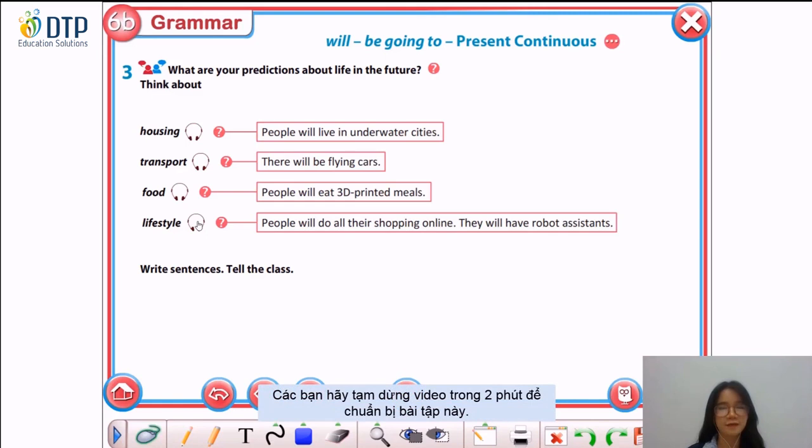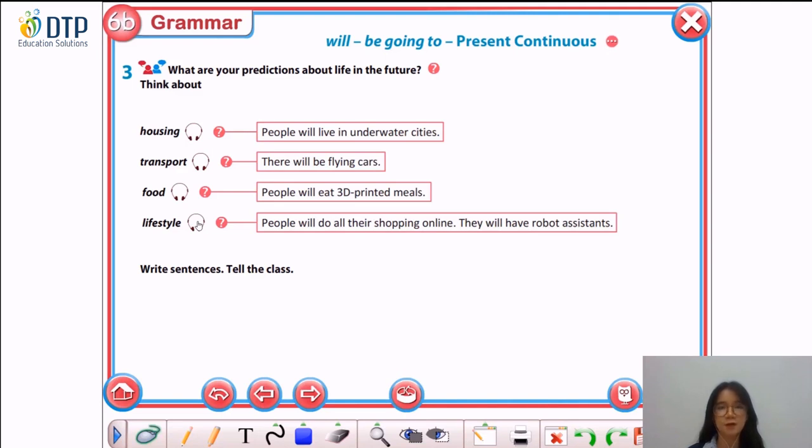You can pause the video here and spend 2 minutes preparing ideas. Your 2 minutes start now. Time's up, everyone. Are you ready to share your predictions? Very good. Let's start with housing. So, what do you think how housing will be in the future?